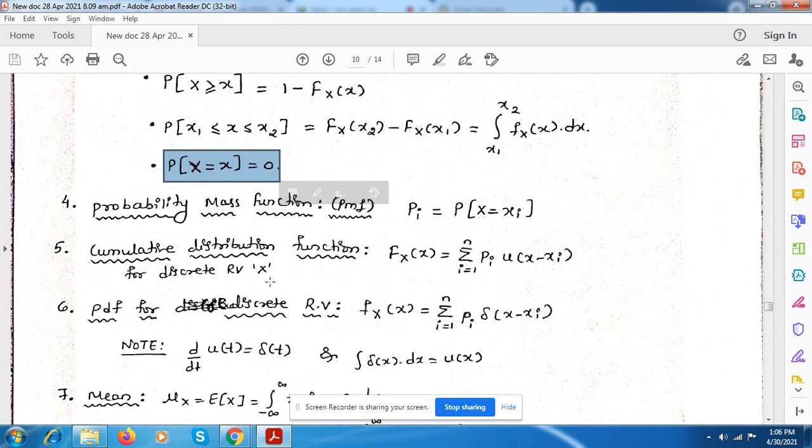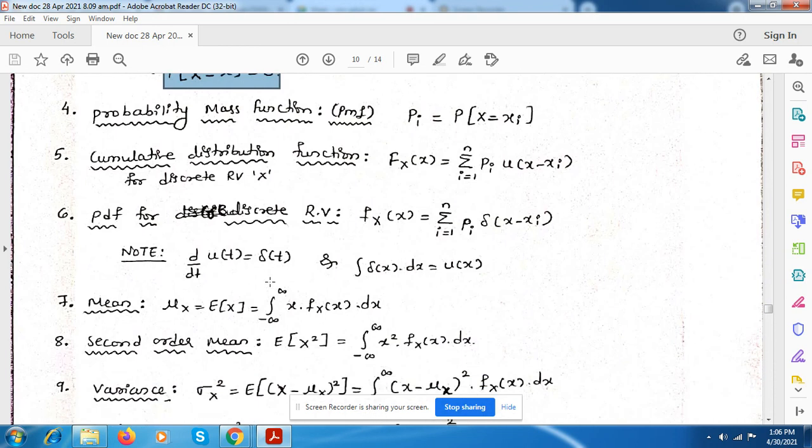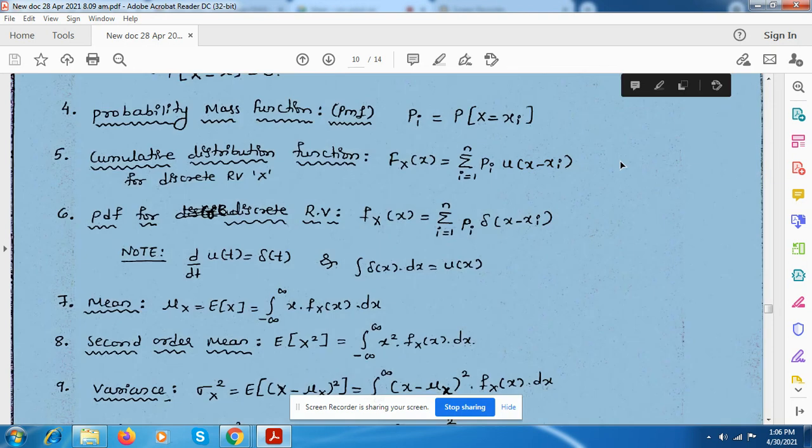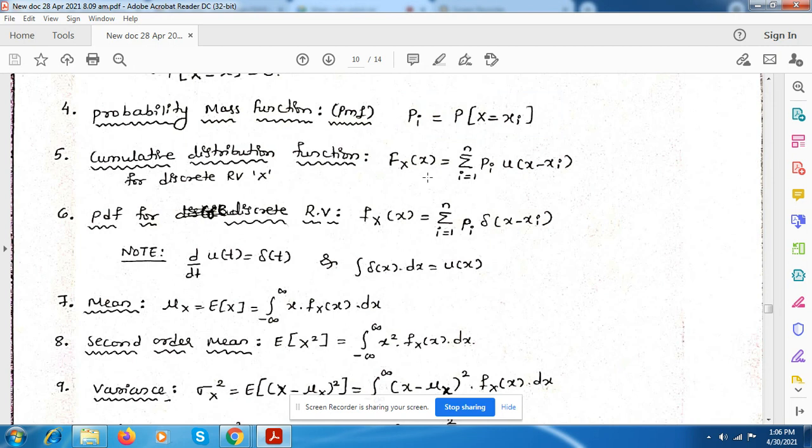Then next we have the probability mass function, that is PMF, p_i is equal to P(X = x_i), where i can vary from 1 to n. Next we will see the cumulative distribution function and PDF in terms of the unit step function and delta function. So the CDF in terms of the unit step function is F_X(x) equal to the summation i = 1 to n of p_i times u(x - x_i).